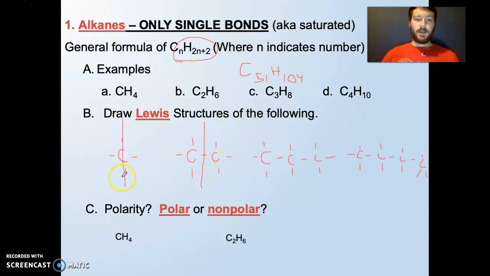So if I draw a line down the middle, it's the same on both sides. It's nonpolar. We're going to put a big N. Same thing for each of these: line down the middle, same on each side, nonpolar. Almost all alkanes are nonpolar.